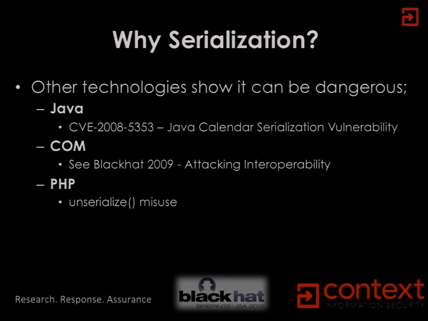If you were here in 2009, you may have seen the presentation on attacking interoperability by the IBM X-Force team about COM serialization issues. And PHP is another example. There's an unserialize method you can call, and if untrusted data gets sent to that method, potentially bad things can happen.